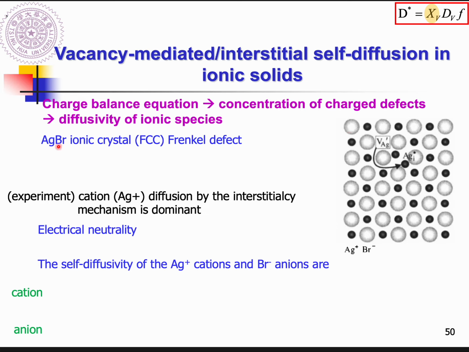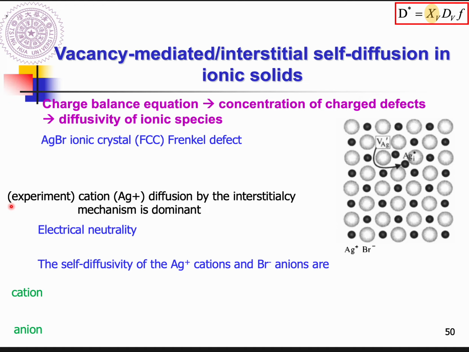No matter whether it is a cation or anion, it moves or leaves its original site to become an interstitial defect, and leaves a vacancy. This kind of situation we call a Frenkel defect.